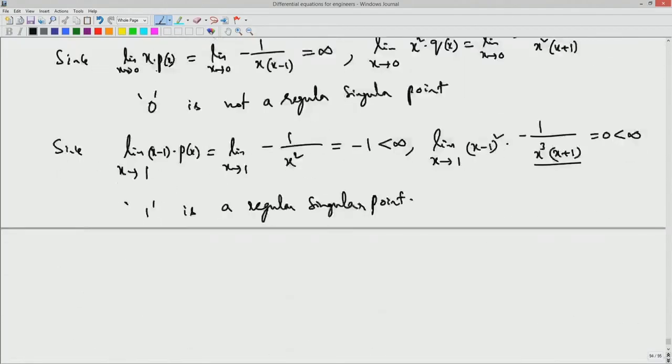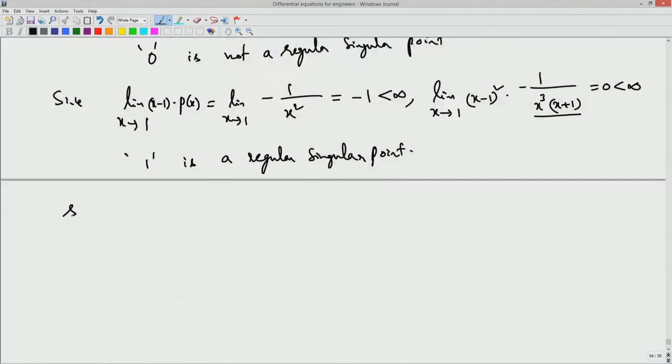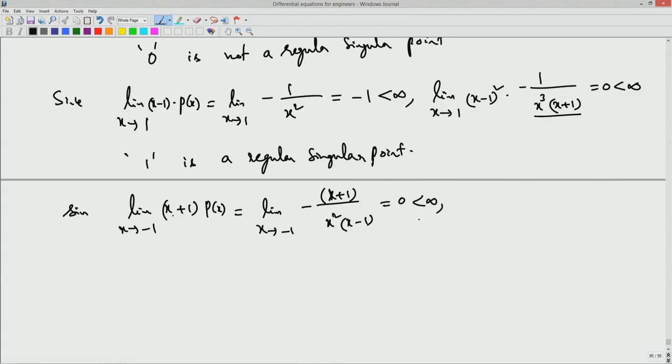Now what we are left with is the other part, minus 1. You look at minus 1, meaning x minus x naught is x plus 1, as x goes to minus 1 of (x plus 1) times p(x). This is minus 1 by x squared (x minus 1)(x plus 1), the numerator is x plus 1, so this is clearly finite, no issues.